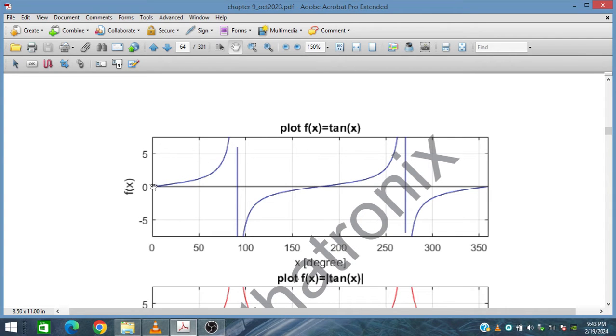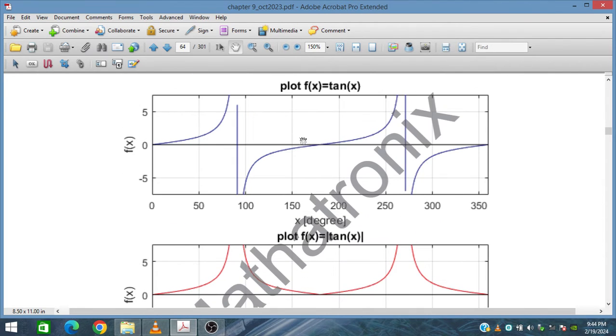f(x) is equal to tangent x. This leads to infinity at 90 degrees, and from -90 it reaches 0 at 180 degrees, and from 180 degrees to 270 degrees it goes to positive infinity, and from 270 it leads to 0 at 360. So this is simple tangent x, and if we take the modulus, this negative part will be positive.